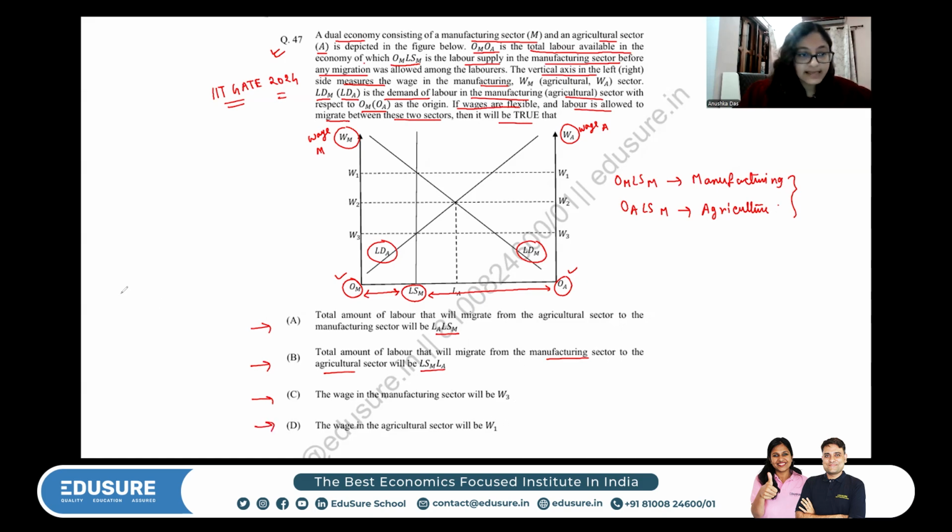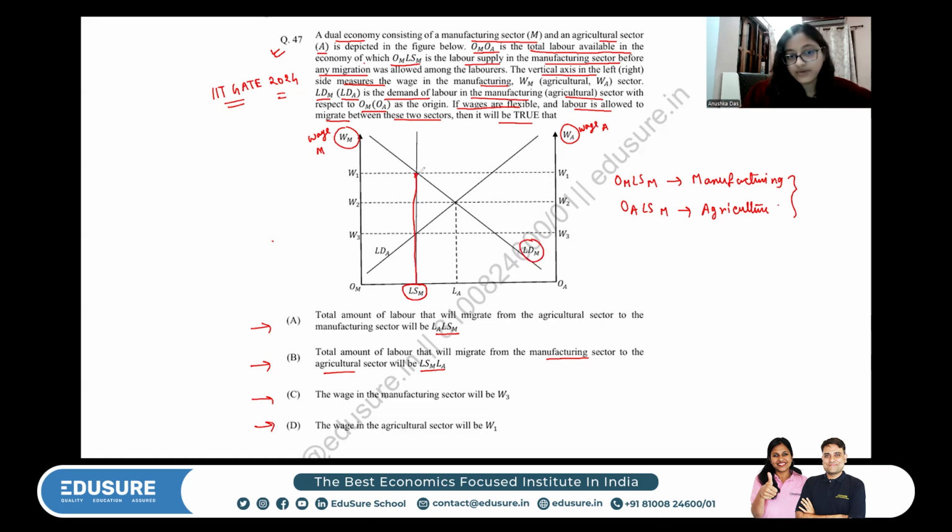So first, let me remove these things and understand what the initial wage in both the sectors is. Initially, the question said that this is the amount of labor employed in the manufacturing sector. So let's see from the demand curve, this is the demand curve for the manufacturing sector.